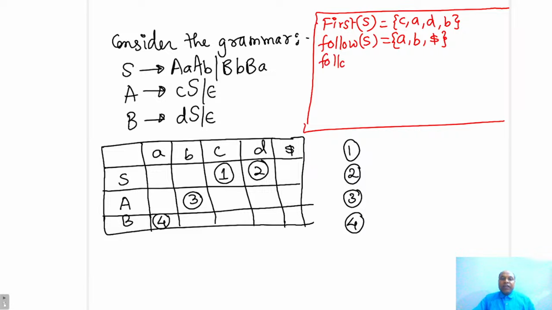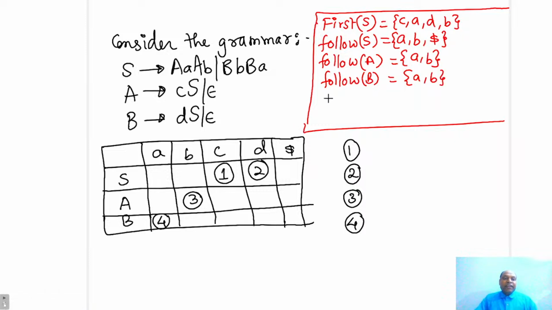Now follow of A will be A and B, and follow of B is also A and B.